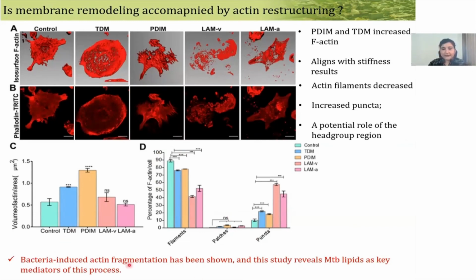So clearly, there is a role of mycobacterial lipids in remodeling not only the membrane, but also the associated actin cytoskeleton. Although bacteria-induced actin fragmentation has been shown, our work reveals that the MTB lipids may act as one of the key mediators of this process.